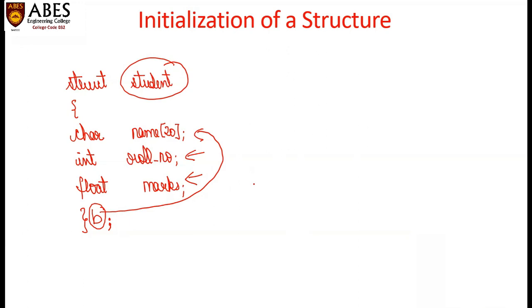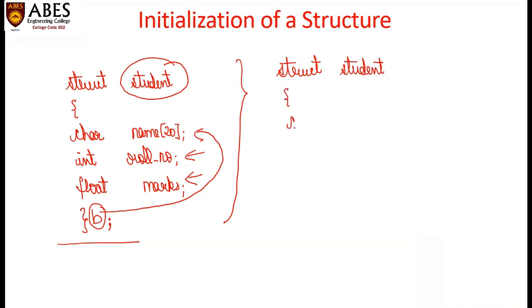So, to access the data members of a structure, first we have to create a structure variable. This is the format through which we can create a structure variable. And the other way is this. It can be done in two ways. Struct student, then char.